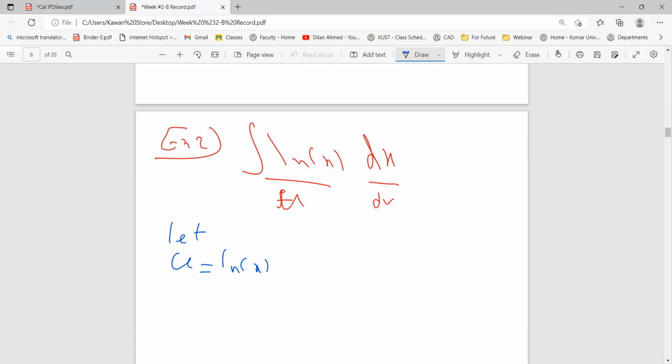Why can we not solve ln of x dx directly? Forget about u du. Think about it. You are in the exam and you don't know which method we should use. Tell me about the direct solution of ln of x.